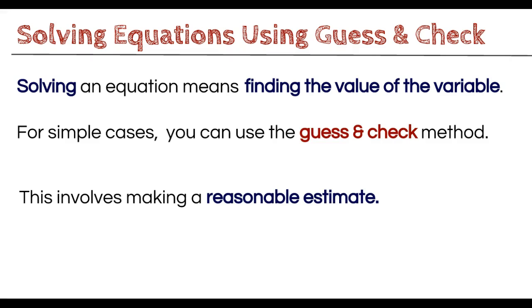So for instance, if you were to guess the price of a washing machine, it would not be reasonable to guess something like $2, nor something like $1 million. A more reasonable estimate would be somewhere between $500 and $1,500, depending on the quality and the features that that washing machine has.